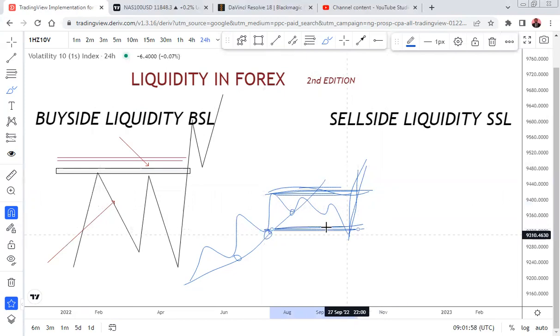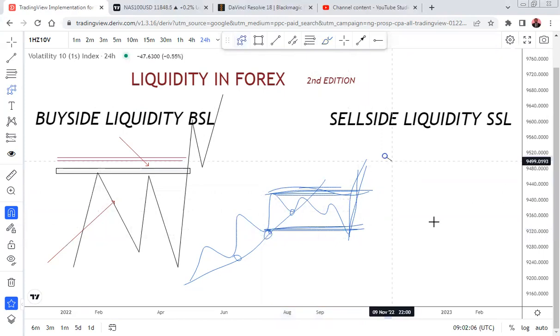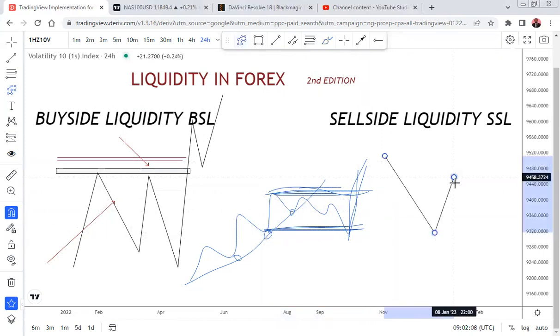I'm going to take you to the chart so that we'll look at chart examples so that you'll be able to get it clearer. So sometimes the market is selling like this on a bearish trend now, and then the market is going up, buyers jumping, buyers are here, and then the market will do something like this.